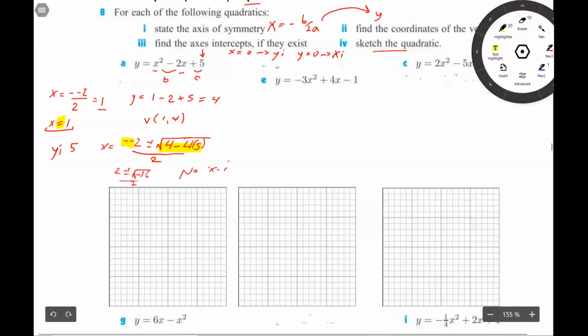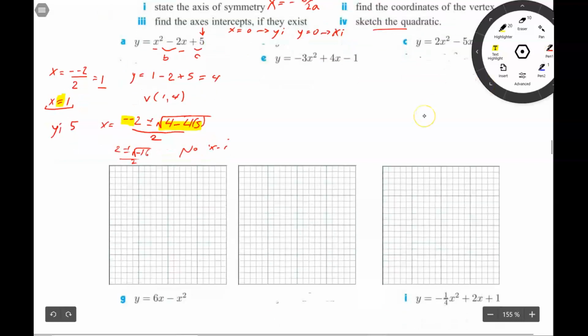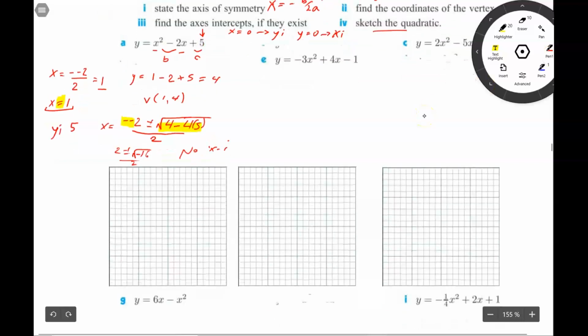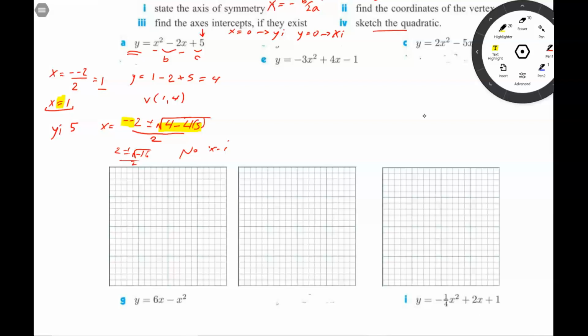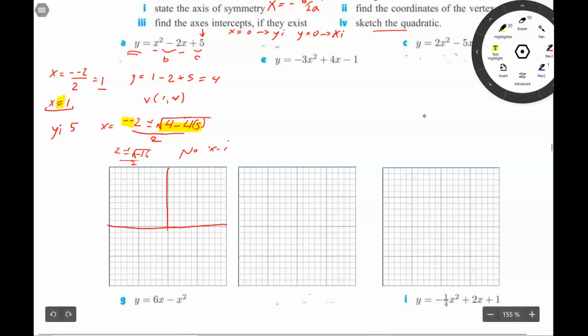All right, so let's try to graph it and see if we can confirm that to be true. So first of all, for A, y equals x squared plus, we're going to graph this, okay? The first thing we're going to use is the fact that the vertex is 1, 4.